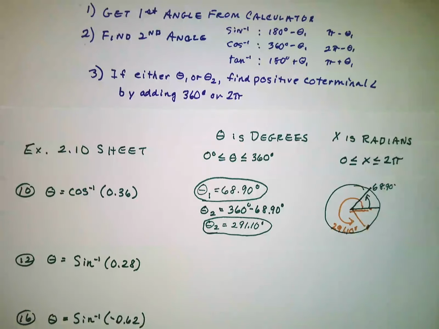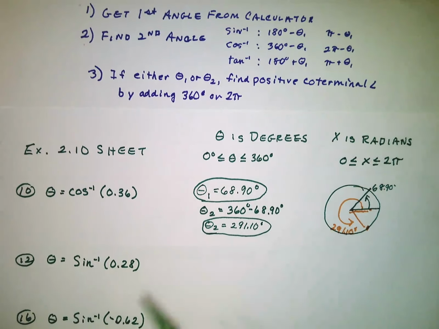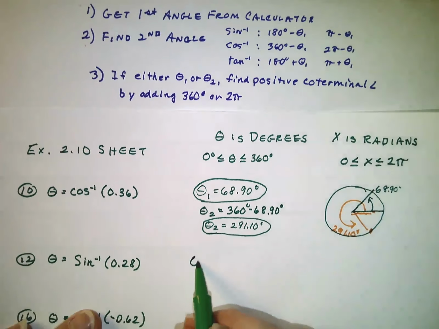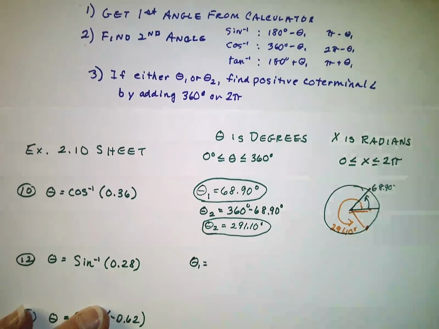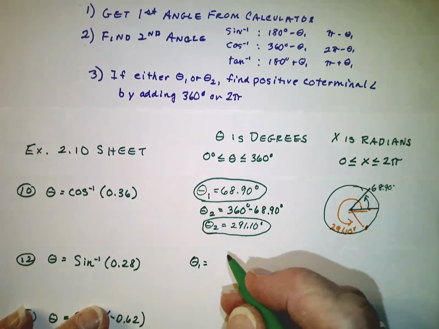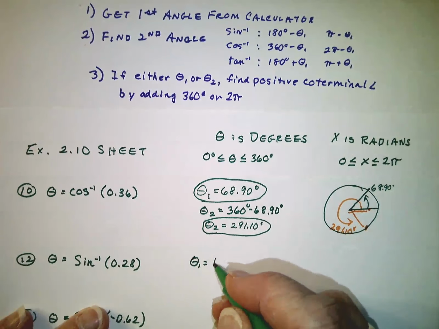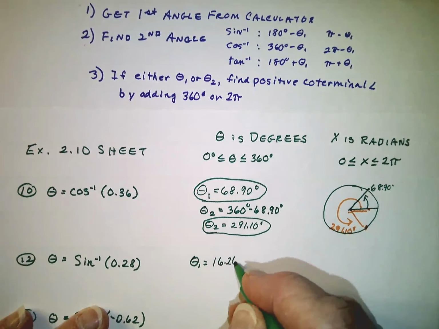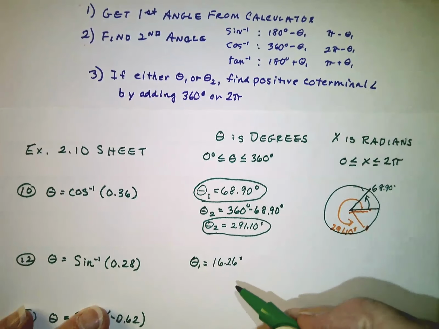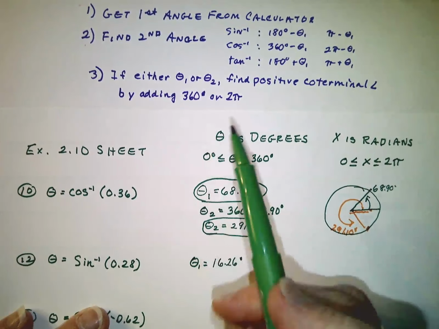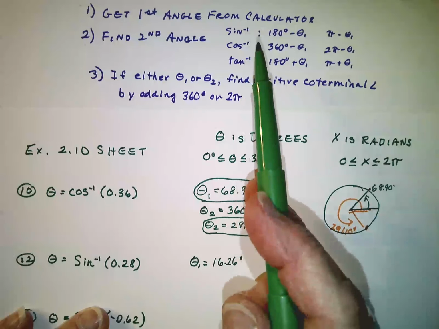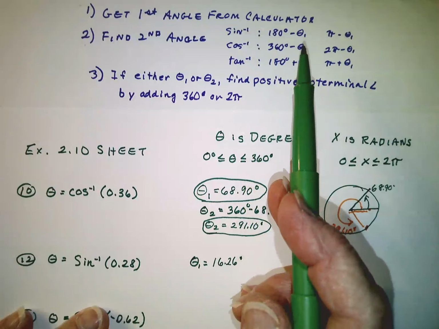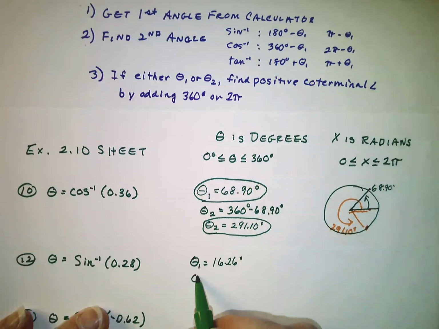The second one they asked us to try was an inverse sine, still in degrees. So just put it in the calculator. The calculator says 16.26 degrees. And to get the second angle for inverse sine, if it's in degrees, we subtract from 180.